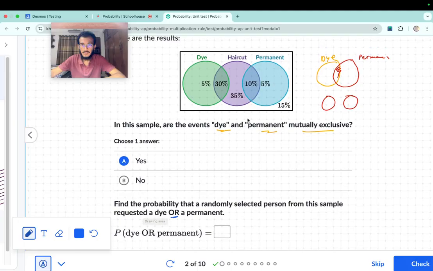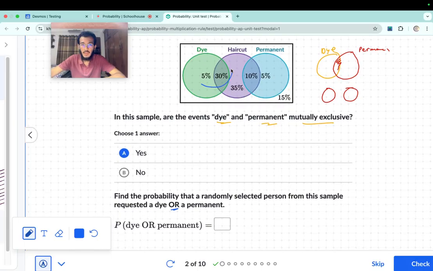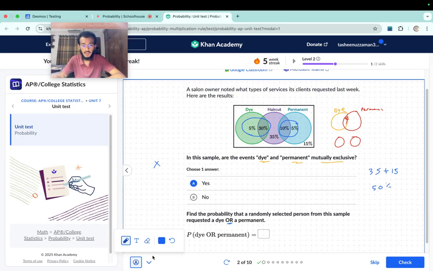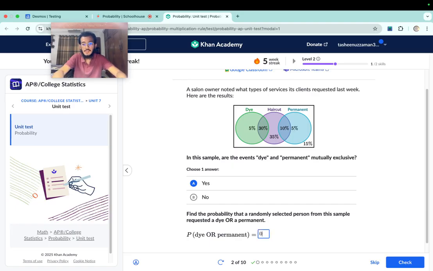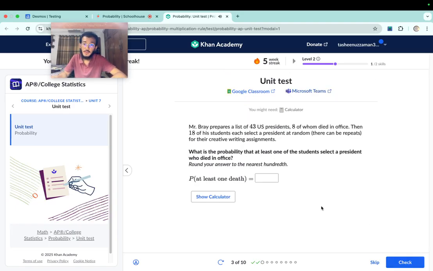Dye or permanent: we have a total of 35% who selected dye, so 35. If you have or, we add the probabilities, and if it is and, then we multiply. So or permanent, which is this figure here, which is 15. So we have 50% of people, and 50% means 0.5 probability. So I'll select 0.5. There we go.